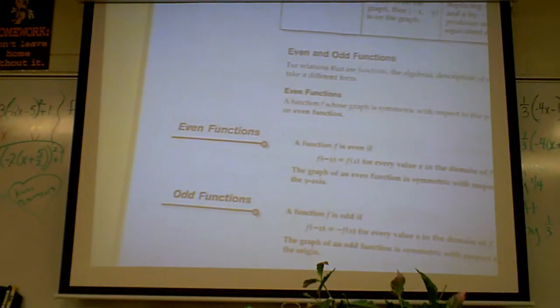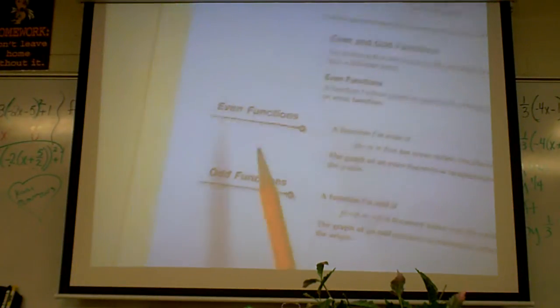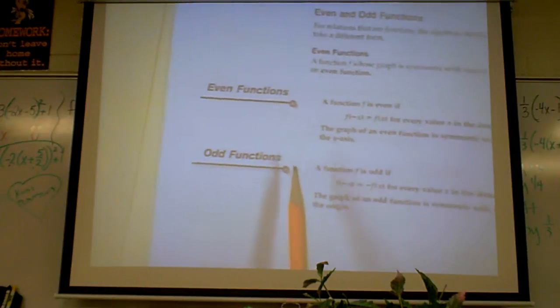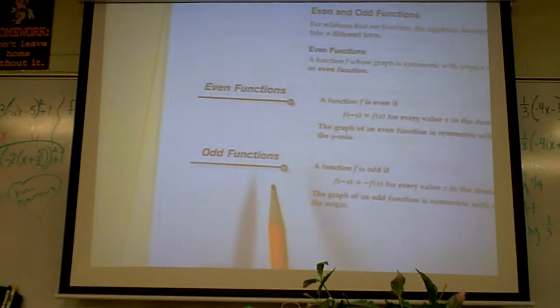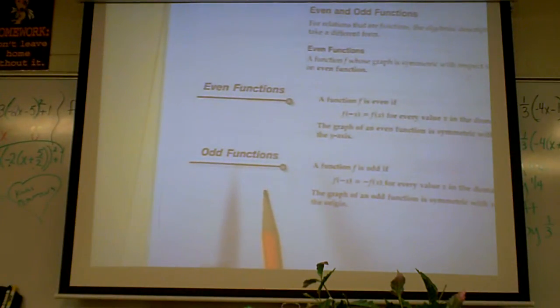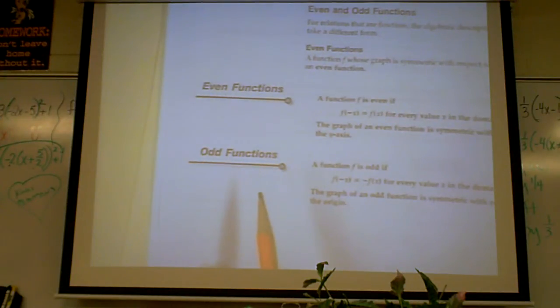Maybe you could think about why there's no special name if it has symmetry to the x-axis. Anyone know why? Not a function. Because it's not a function. Look at these words. Even function, odd function. Function means if you drew a line through it vertically, it passes the vertical line test.